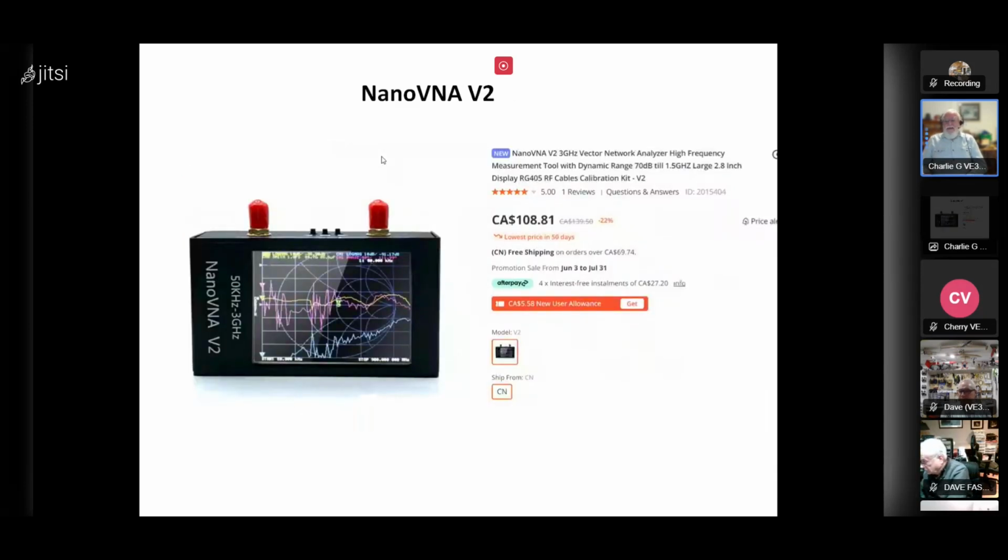The NanoVNA has a new version out for those of us who haven't poked at it. It's called the V2, for version 2. It has a little wider range. It'll go all the way up to 3 gigahertz from 1.5 of the basic NanoVNA, and a slightly larger display, for essentially double the money.